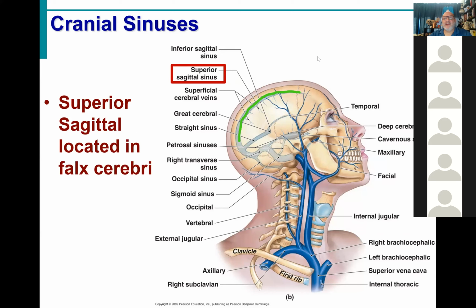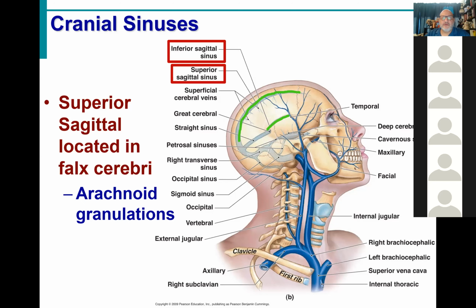And as we mentioned, anytime we have a superior something, what are we going to have to go along with that? Inferior something. And sure enough, there along the midline, also in the falx cerebri, is a much smaller midline sinus known as the inferior sagittal sinus. Not only is the inferior smaller, but it also doesn't go all the way to the posterior part of the cranial cavity.